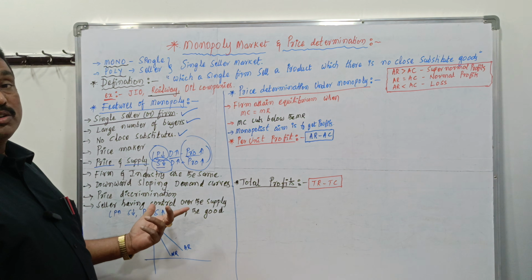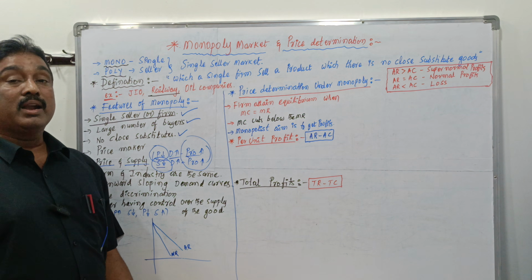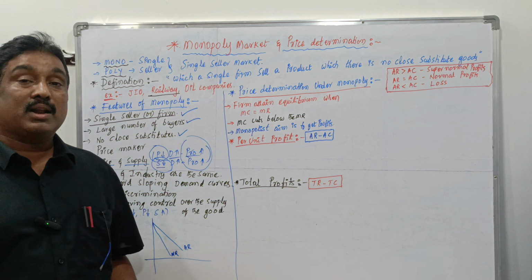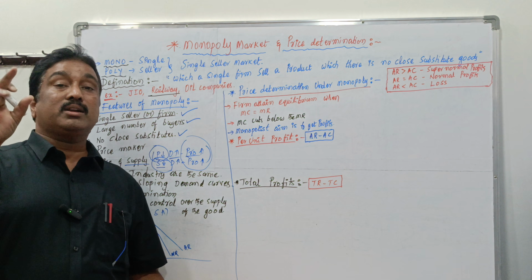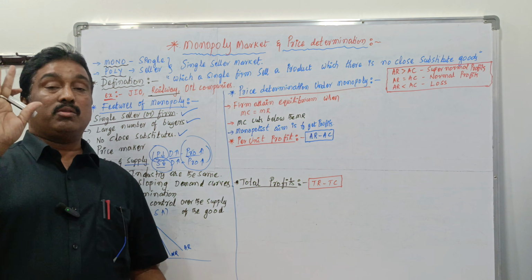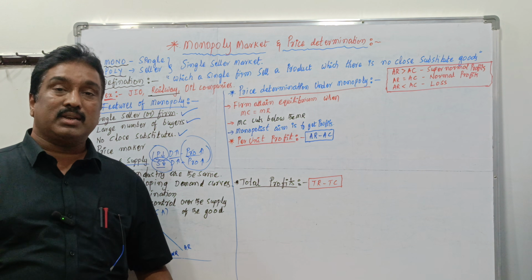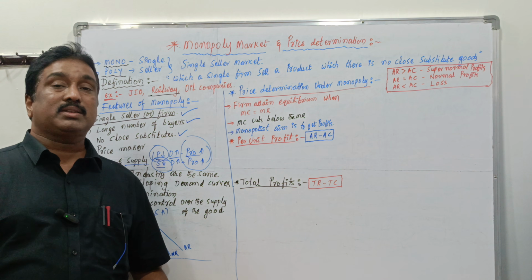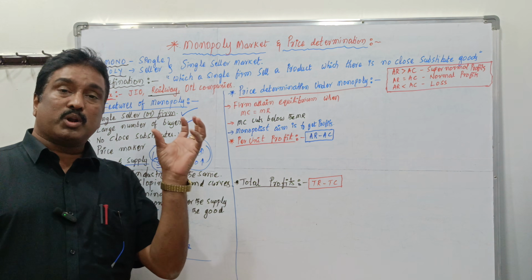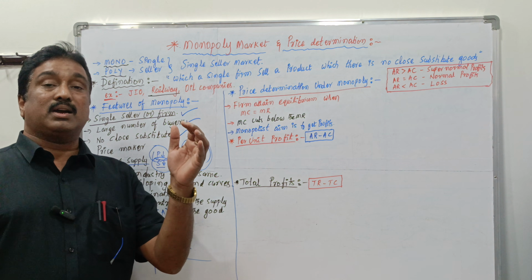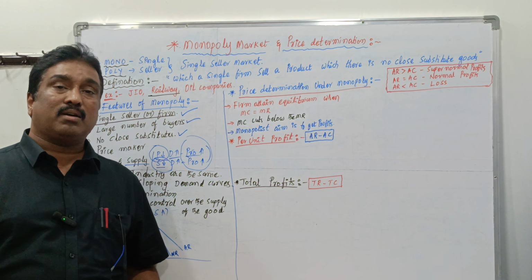And another important feature of the monopoly market: price discrimination. Discrimination means the seller sells only a single commodity, but fixes different prices on the same commodity. In one market they fix a high price, and in another market they fix a low price, according to the wish of the seller.